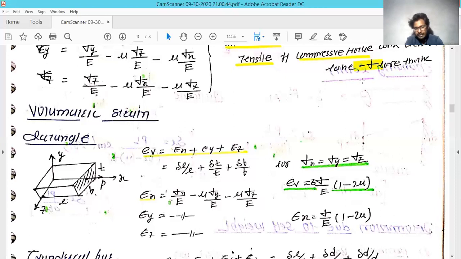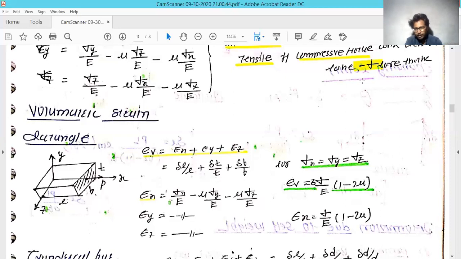If we assume that in this condition the forces applied and the stresses developed in each direction are quite different from each other, in that condition we have derived this equation. But assume that in some condition the stresses developed due to these applied forces will be equal in all directions. That is, the stress in the x direction is equal to the stress in the y direction, which is also equal to the stress in the z direction.